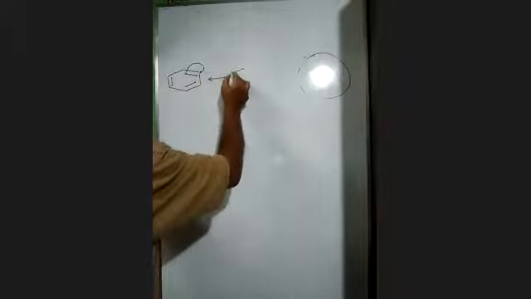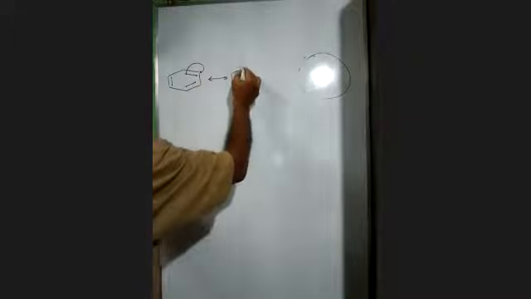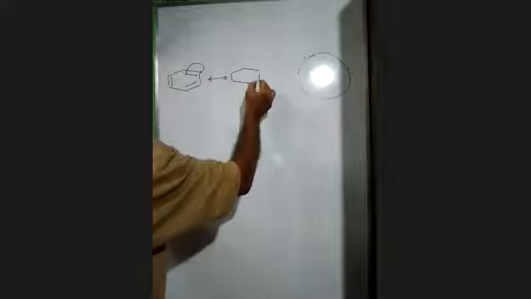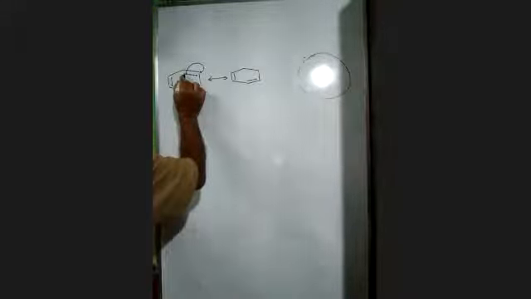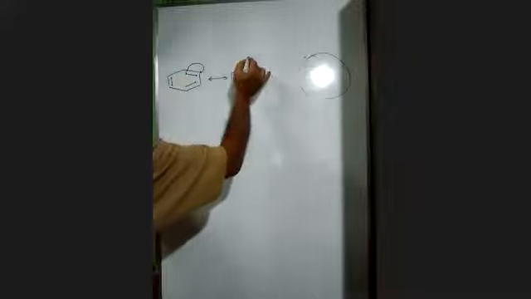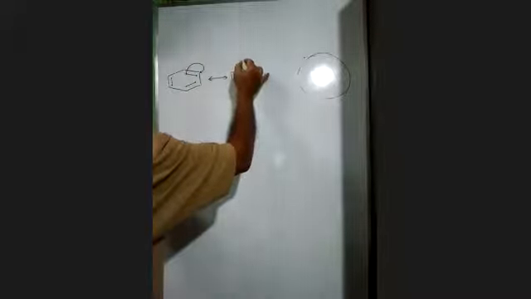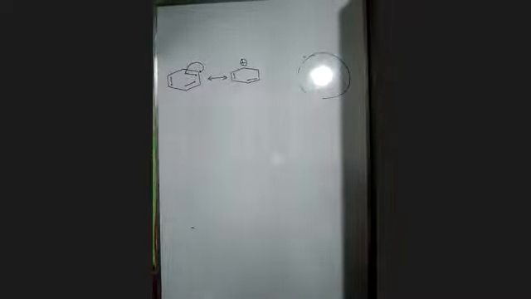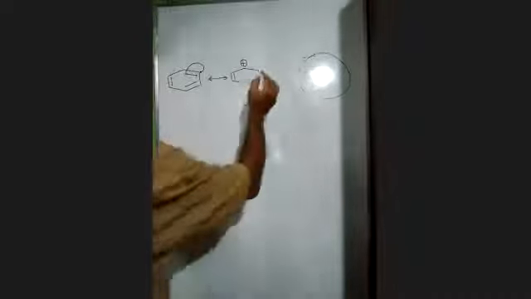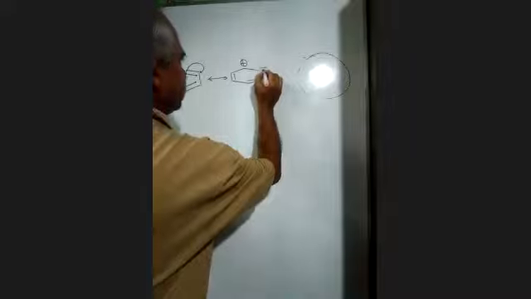Every electron carries a negative charge. See here. As this electron has come from this carbon to this carbon, we have to put a positive charge, because loss of an electron is indicated by a positive sign, and gain of an electron is shown by a negative charge.